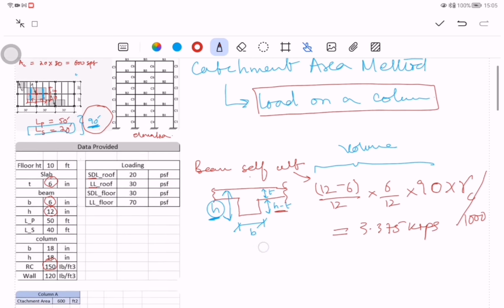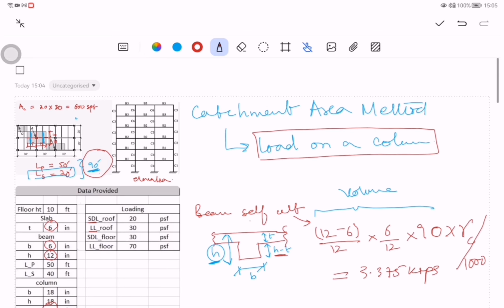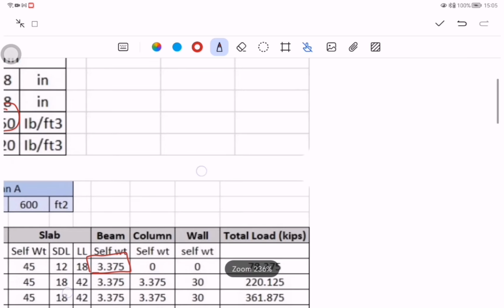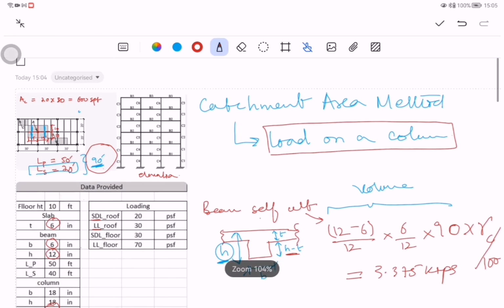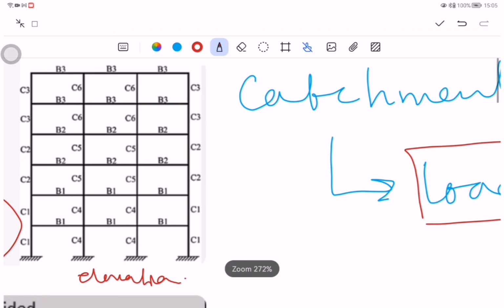Now, since you are on the roof, there will be no wall on the primary beam, so the self weight of the wall is 0, and obviously the self weight of the column is also 0. Why? Because if you are at the roof level, there is no column above the roof.